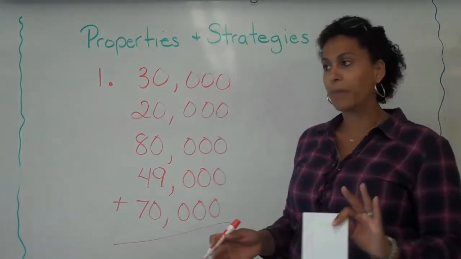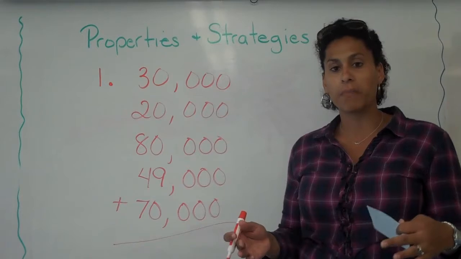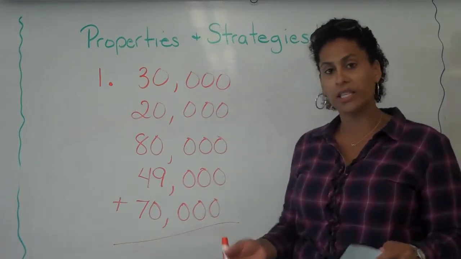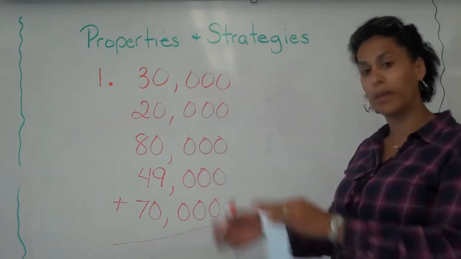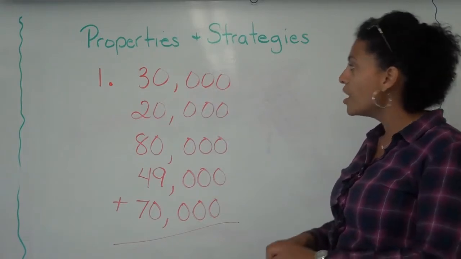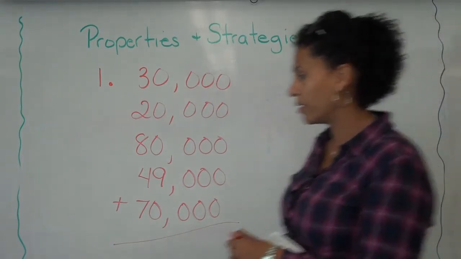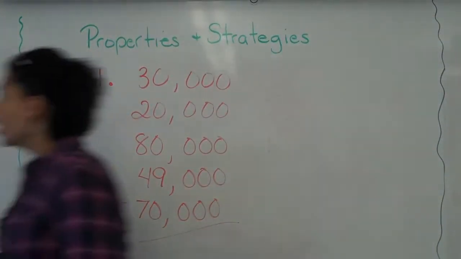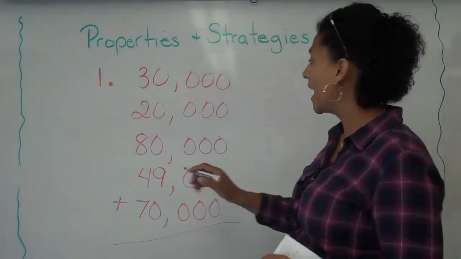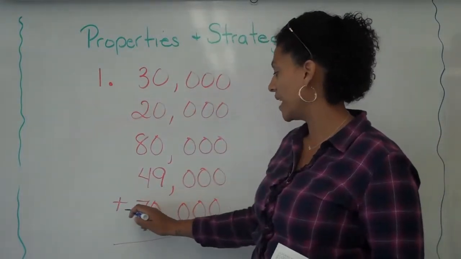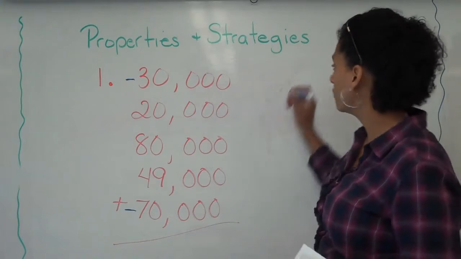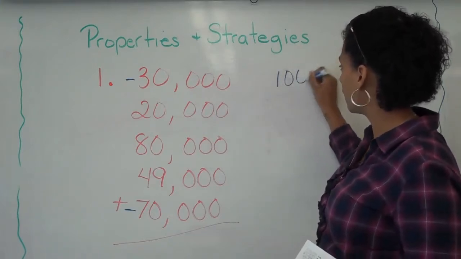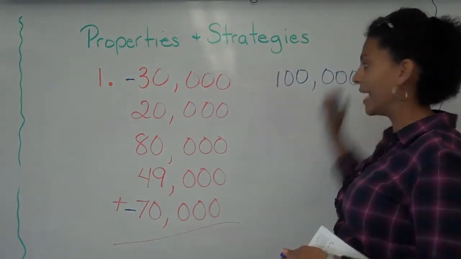But remember our 2 properties. They said it doesn't matter how we group our numbers together or what we add first. The order is not the important part. The important part is getting to our answer. So when I look at this, I can add 70 plus 30, and I know that's going to give me 100,000.